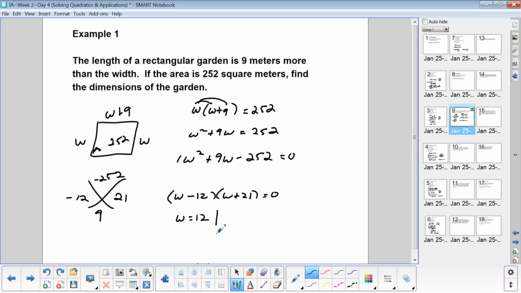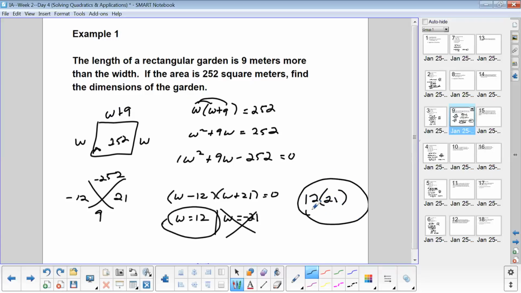One of these solutions will work, one will not. When I solve W plus 21 equals 0, I get negative 21, and that's not going to work because it's negative. So we have a width of 12, and yes, 12 plus 9 is 21. So the length and width would be 12 by 21. That would be the dimensions of the garden.